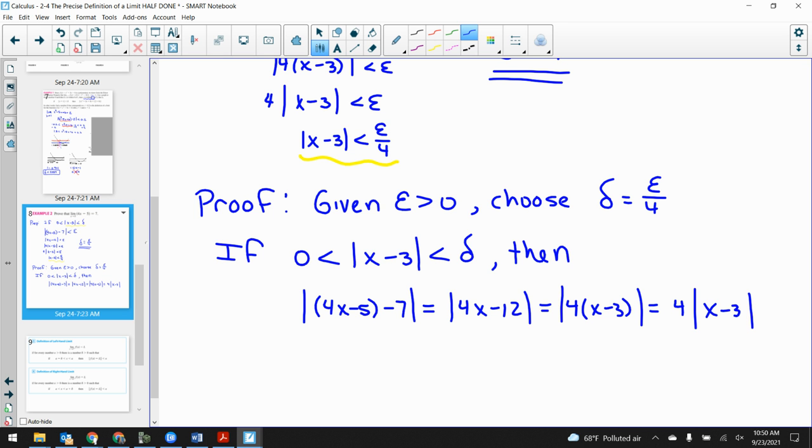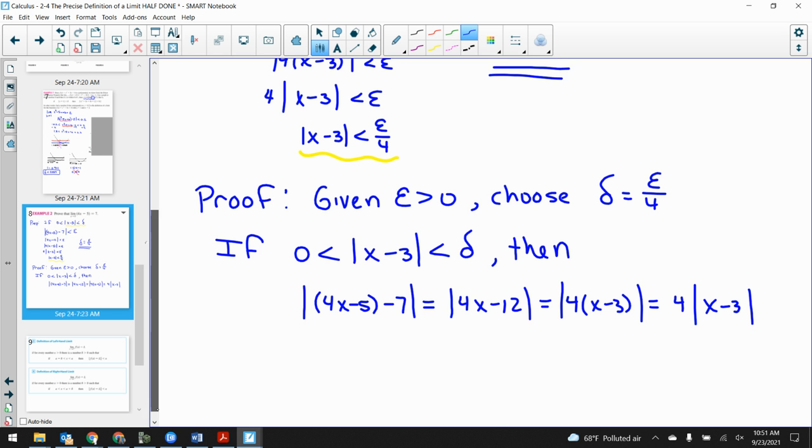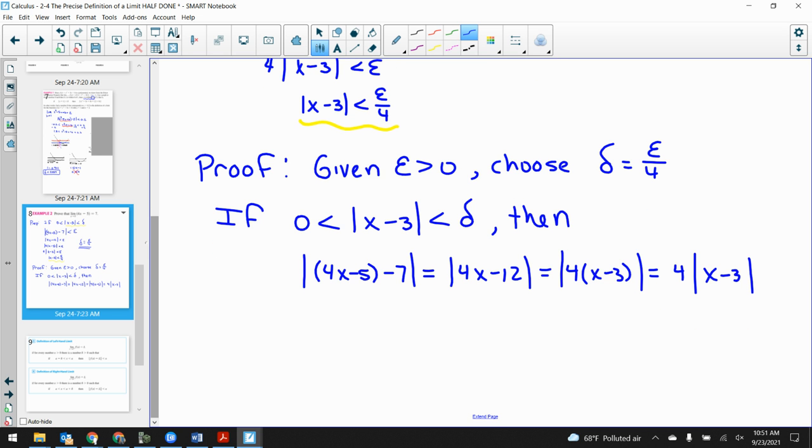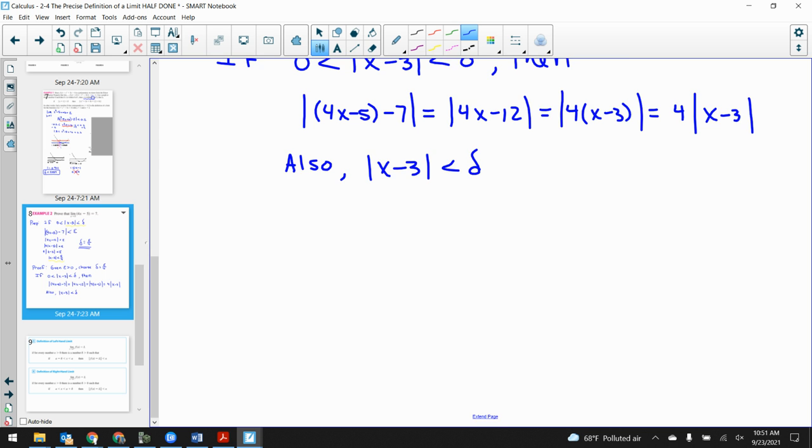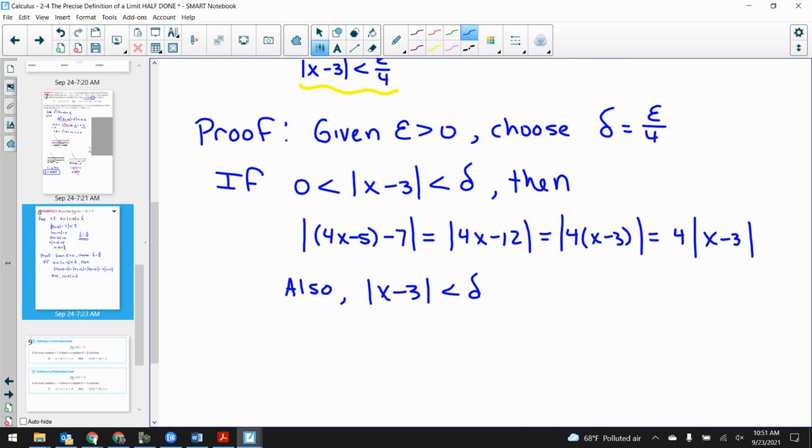All of those things chain together very nicely here. But we also know that the absolute value of x minus 3 is less than delta, right? And what if I multiply each side of that by 4? Because that was part of our premise, I can say that because that was part of our if statement. So what if I multiply both sides by 4?